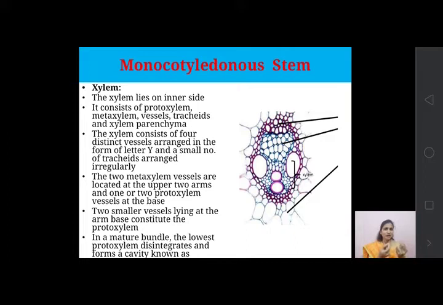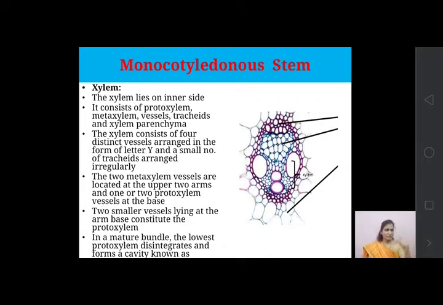You can see that the two metaxylem vessels are present just above the protoxylem. They are located at the upper two arms, and one or two protoxylem vessels at the base. Okay, so it forms a Y-shaped structure. Metaxylem forms the arms and protoxylem forms the stalk.